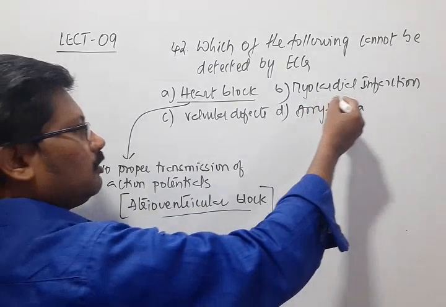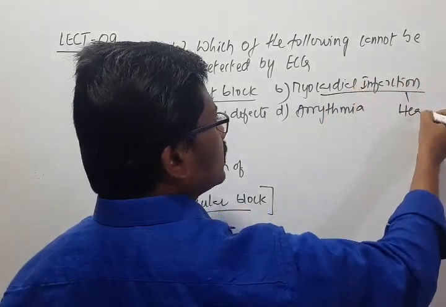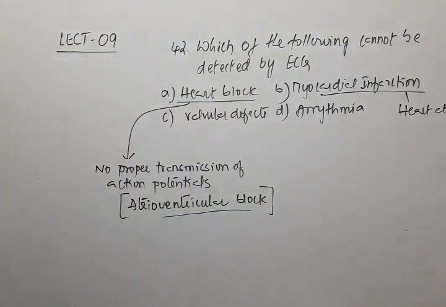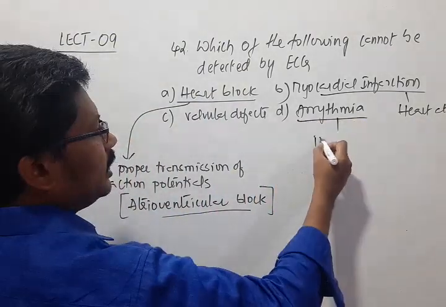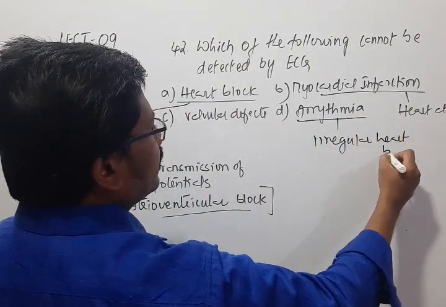So myocardial infarction, which we also call heart attack, and arrhythmia is irregular heartbeat.